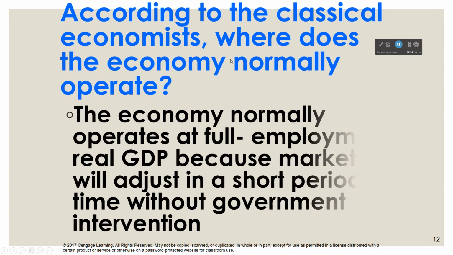And the reason it's vertical is because the classical economists believe that the economy normally operated at full employment real GDP because markets will adjust in a short period of time without government intervention. So we don't need the government, according to this Keynesian classical economist straw man, to come in and smooth out the excesses of a business cycle.